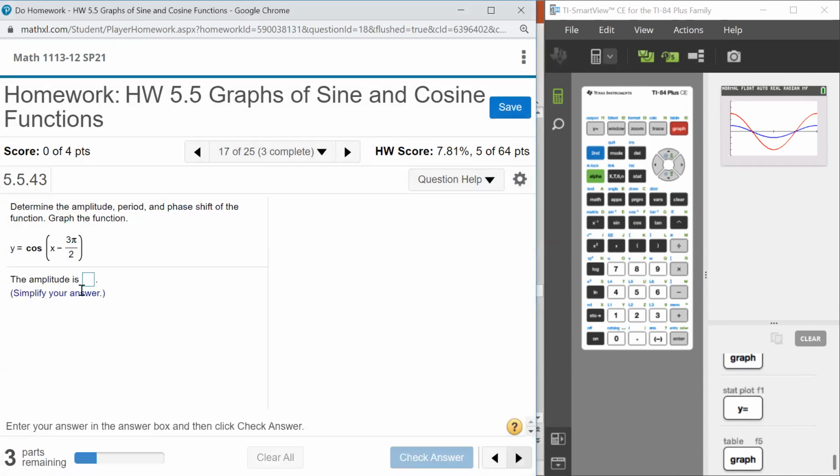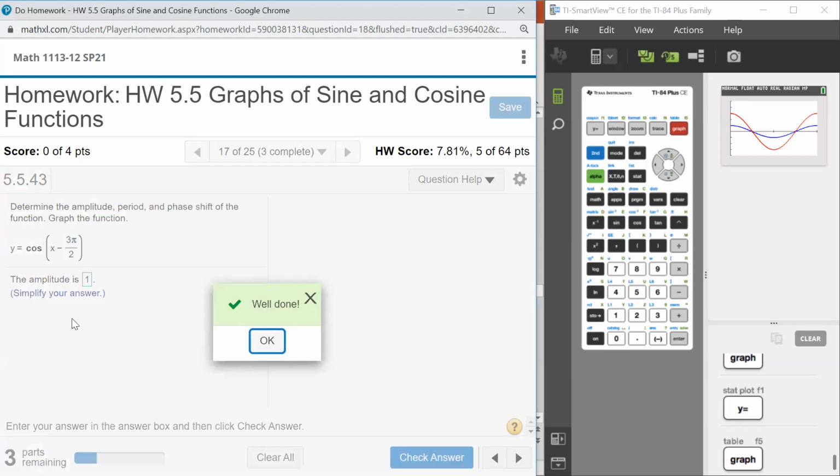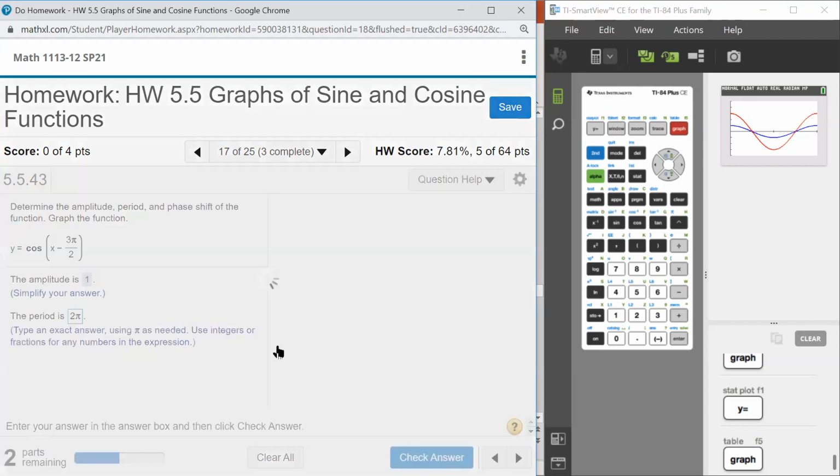Okay, so here again, the amplitude is A. In this case, it's 1. The period is 2 pi over b. B in this case is 1 again because the number in front of x is 1, so it's just the same 2 pi period.